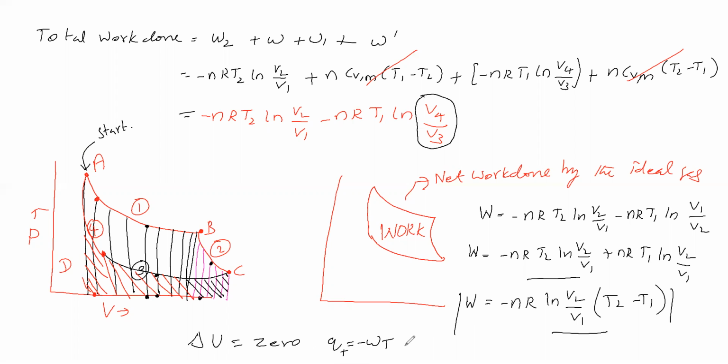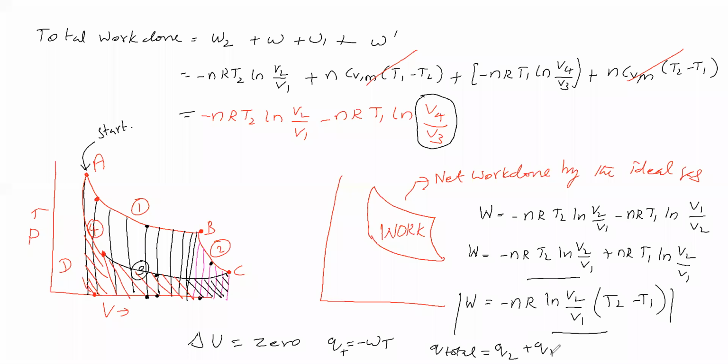Now Q total is equal to how much? We will see. In the first step, heat is involved, that is Q2. Second step, Q is equal to 0. Third step, heat is involved, that is Q1.